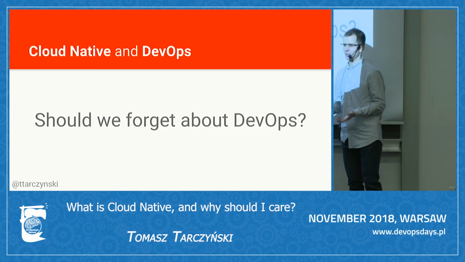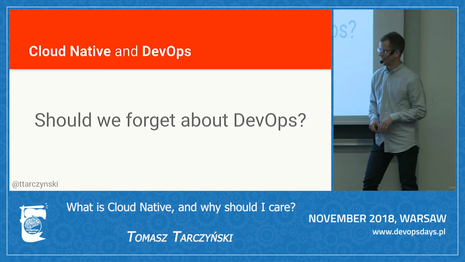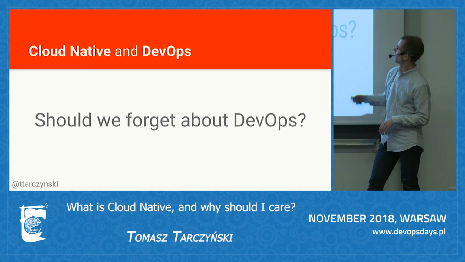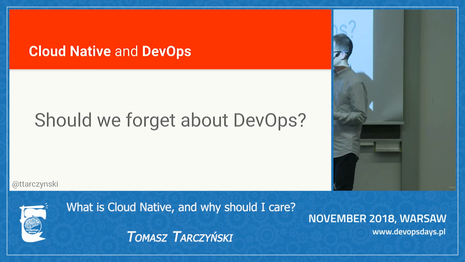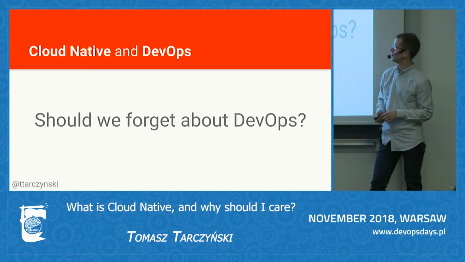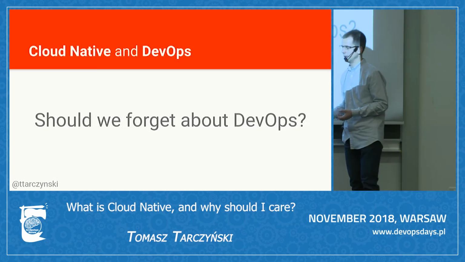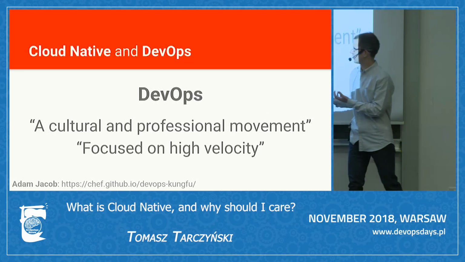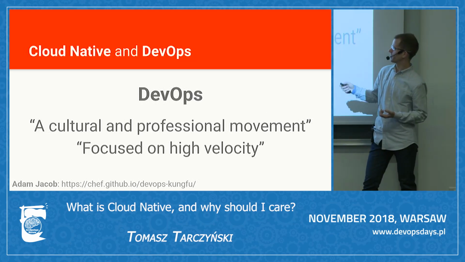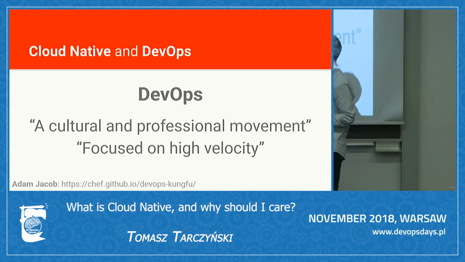Okay, but as we are on the DevOps Days conference today, I wanted also to look into how this cloud native relates to DevOps. So if we've got this new bright thing there, cloud native, should we actually forget about anything DevOps that we learned so far? So let's take a look what people say about DevOps and how different people see the area of interest of DevOps.